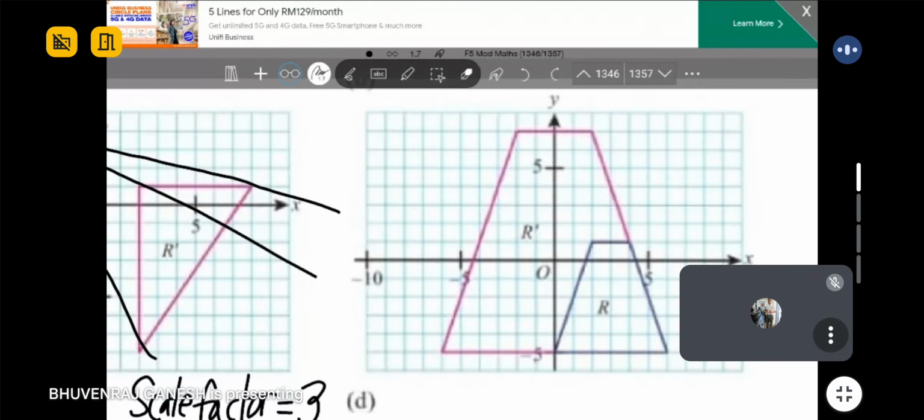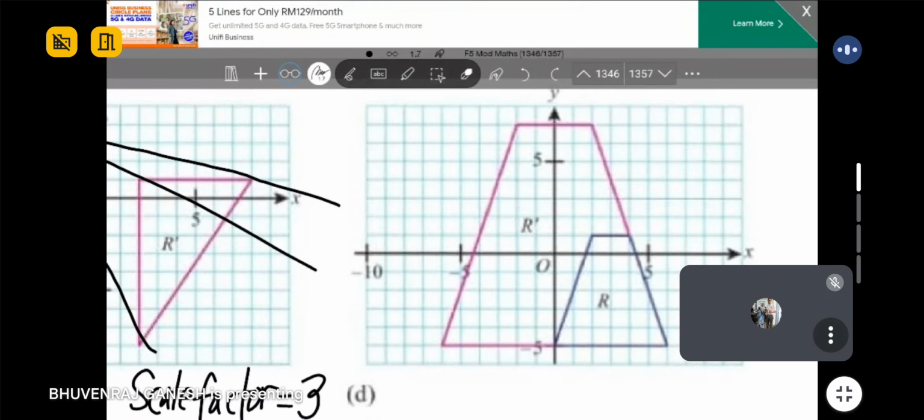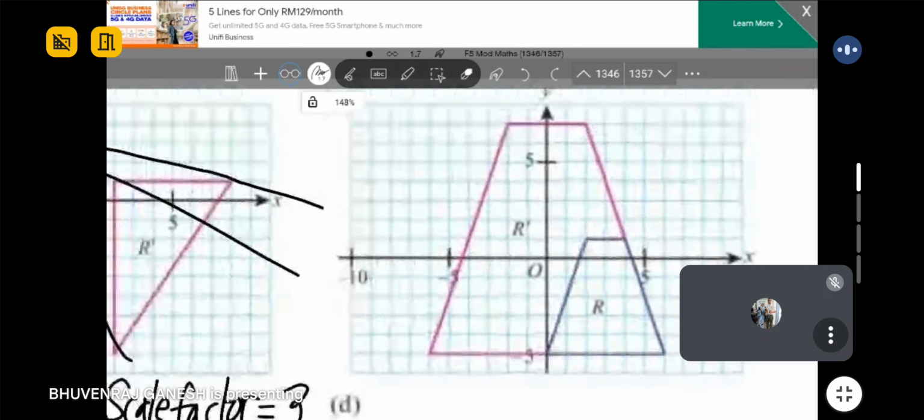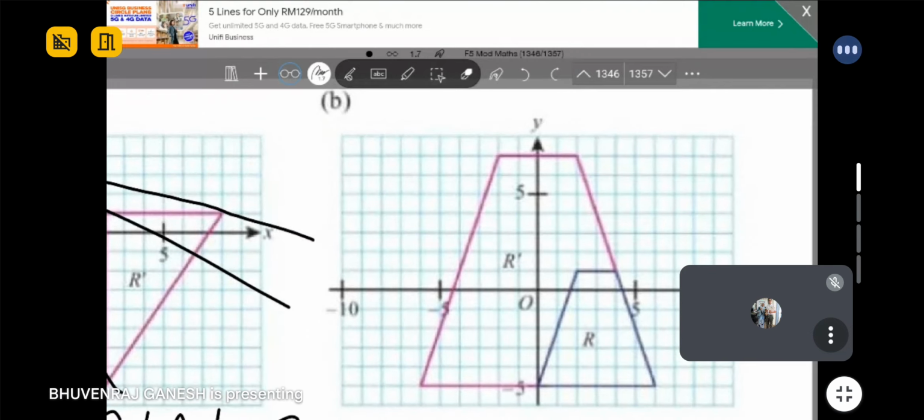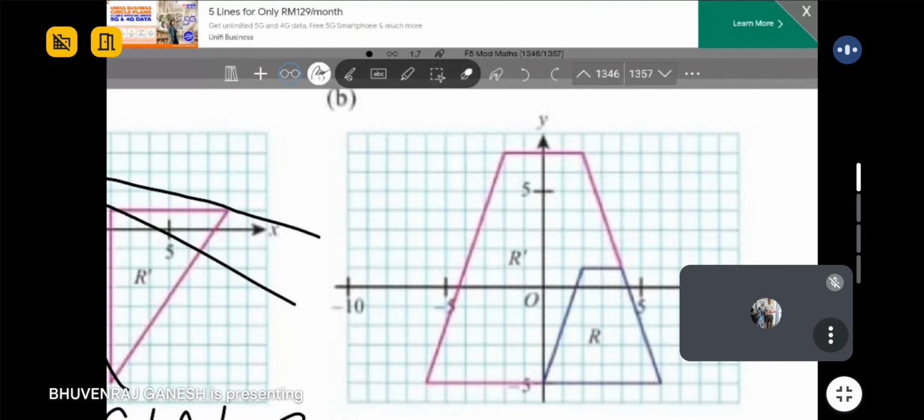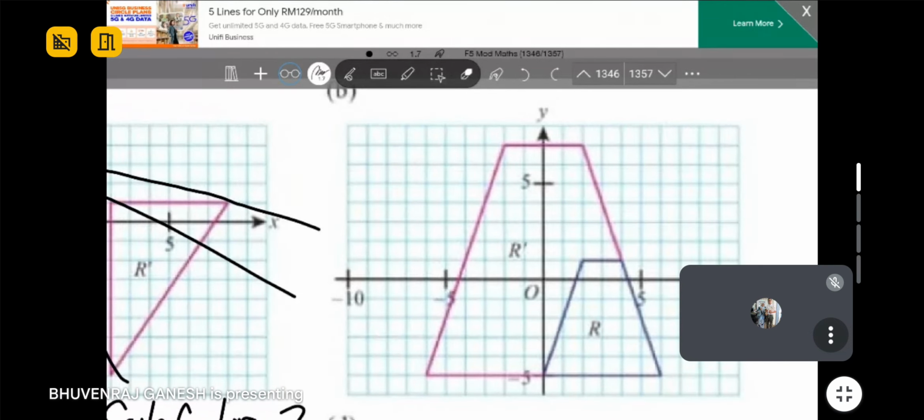Question B. This one very easy. Can you all tell me where is the center? Mana pusat? Tell me the coordinate. Yang ni tak perlu lukis garis pun. No need to draw line. You can get the answer. Very good. Can you all see, guys?